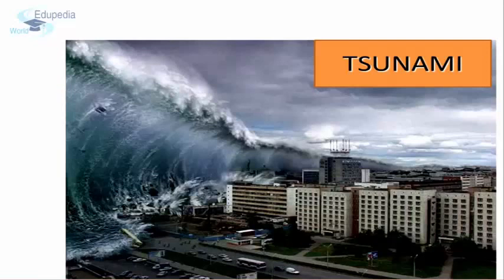The waves travel through the sea entirely unnoticed since they have low amplitude and long wavelengths. When these waves come onto shore, they can grow to enormous height and cause tremendous destruction and loss of life. Fortunately, few undersea earthquakes generate tsunamis, while the rest are absorbed by the ocean water.